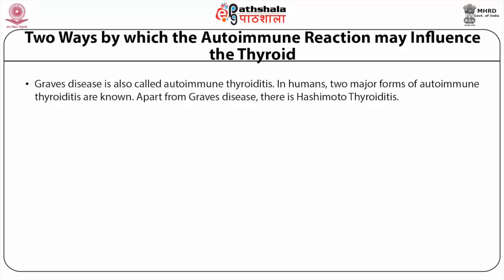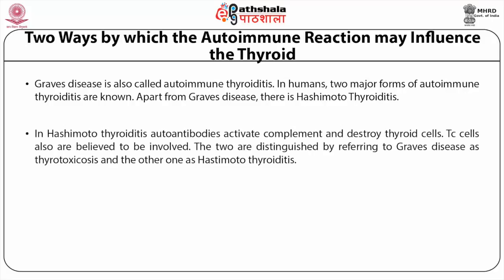In humans, two major forms of autoimmune thyroiditis are known. Apart from Graves' disease, there is Hashimoto thyroiditis. In Hashimoto thyroiditis, autoantibodies activate complement and destroy thyroid cells. TC cells are also believed to be involved. The two are distinguished by referring to Graves' disease as thyrotoxicosis and the other one as Hashimoto thyroiditis.